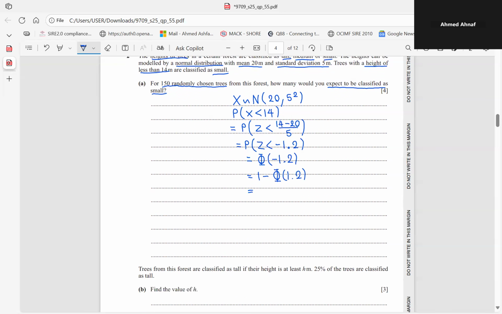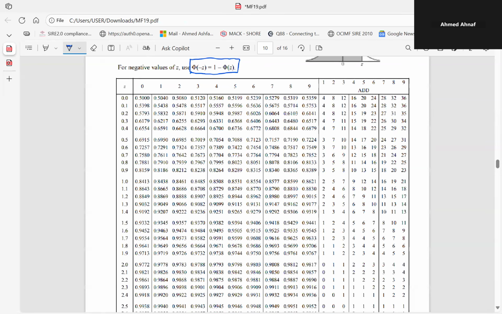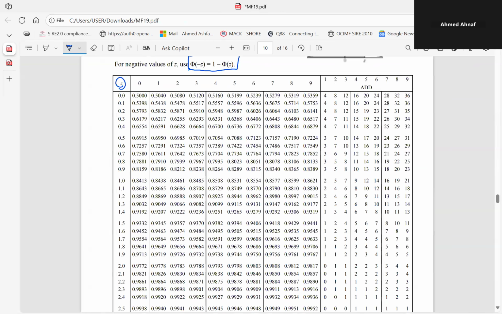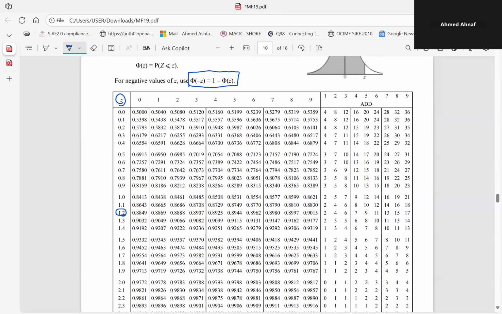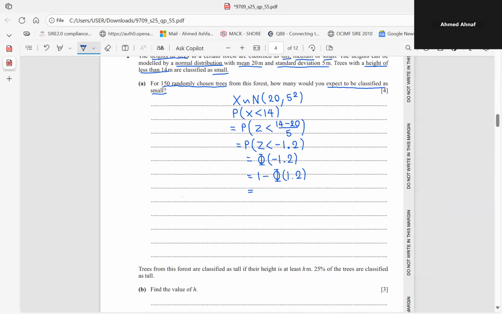So now we can use our normal distribution tables to find phi of 1.2. To do that, look for 1.2 under the z column. So we find it here. For 1.20, we get 0.8849. So this is 1 minus 0.8849, which would give you 0.1151.